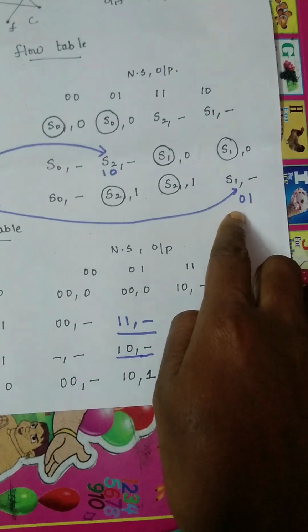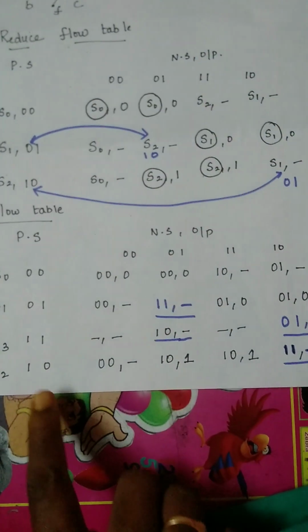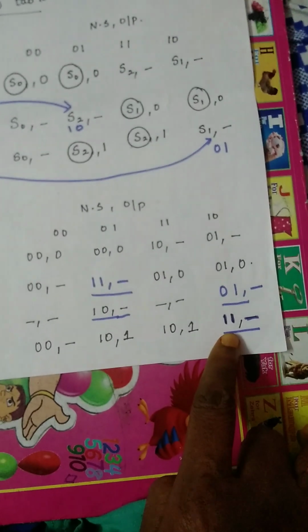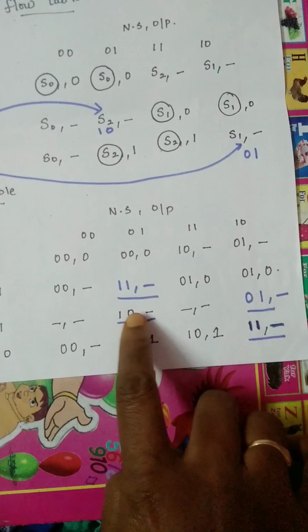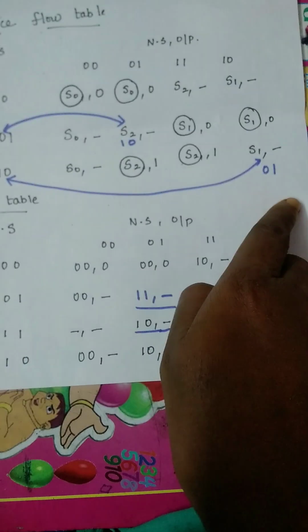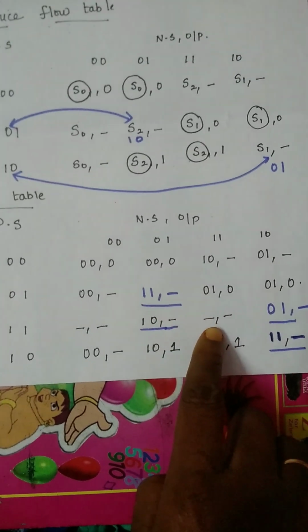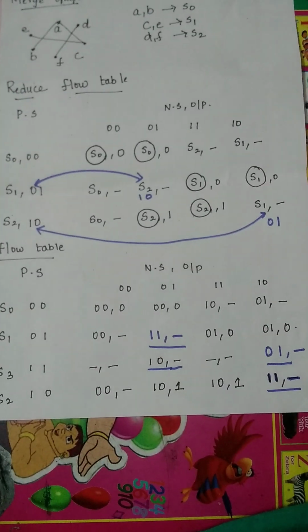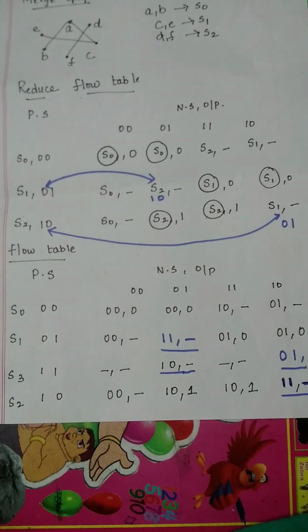Similarly here, from 1 0 it cannot move directly to 0 1. So for S2, the last condition has been assumed as 1 1. It is moving to 0 1 condition. So we are only changing this and this, and the remaining we are not changing. So this has been assumed as a don't care condition. Like this, we have to write the reduced flow table.